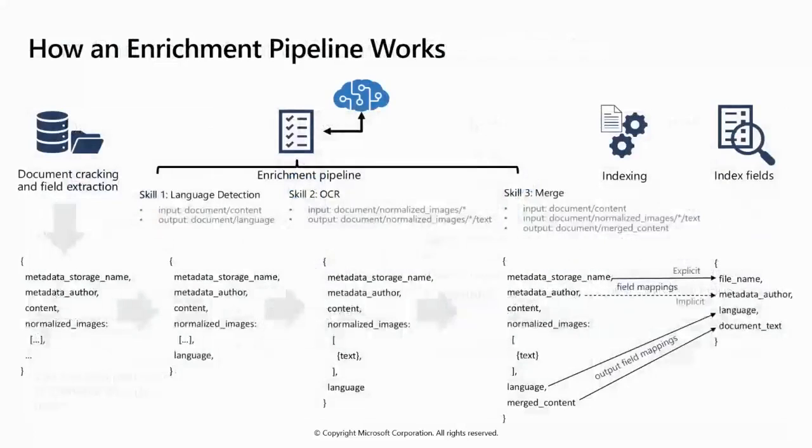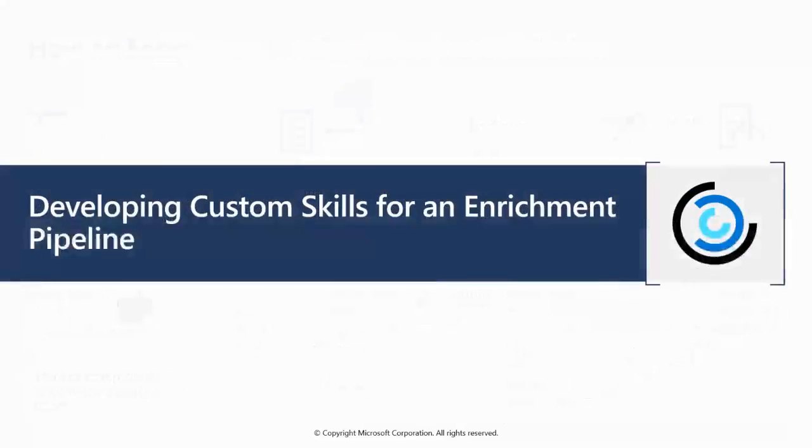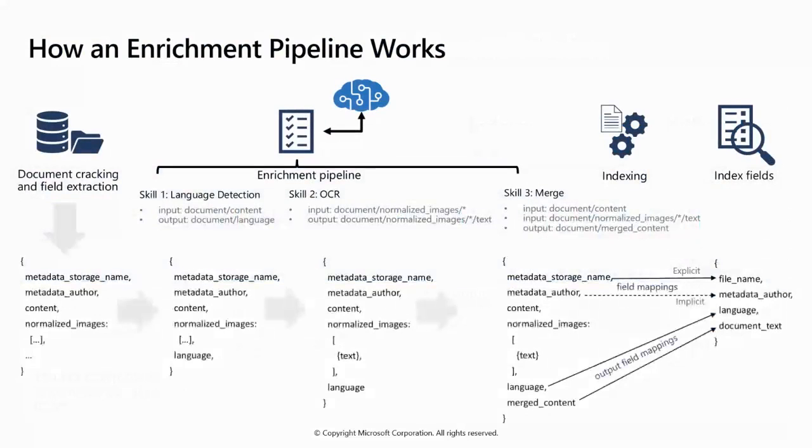Now, how the enrichment pipeline works. The indexing process works by creating a document for each indexed entity. During indexing, the enrichment pipeline iteratively builds a document that combines metadata from the data source with enrichment fields extracted by cognitive skills.